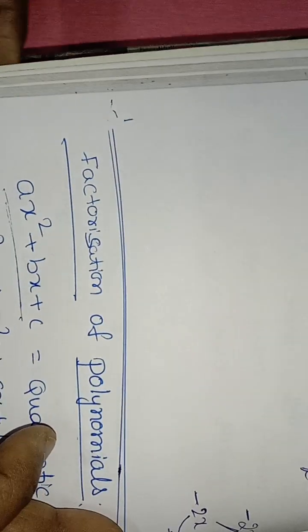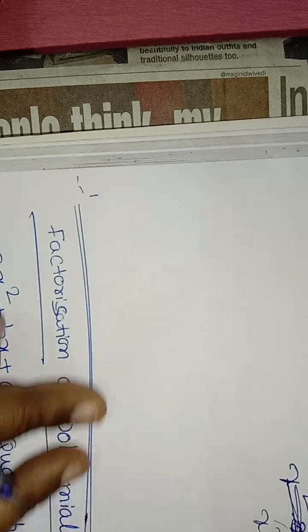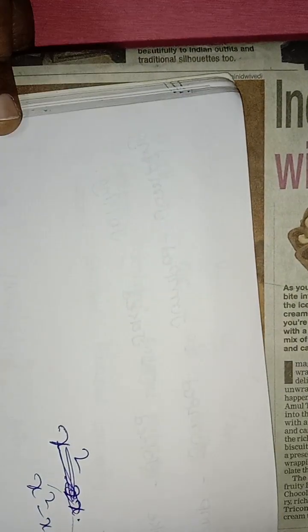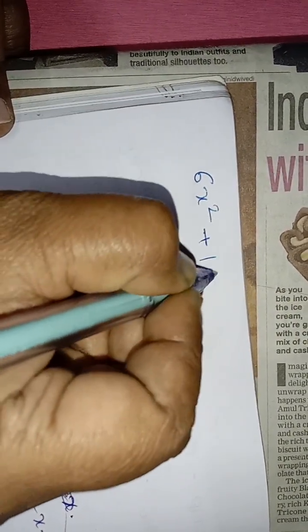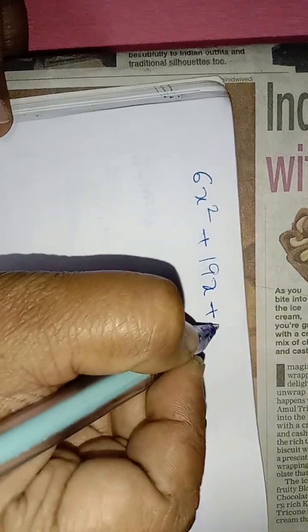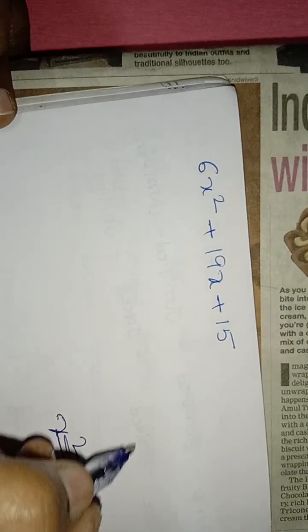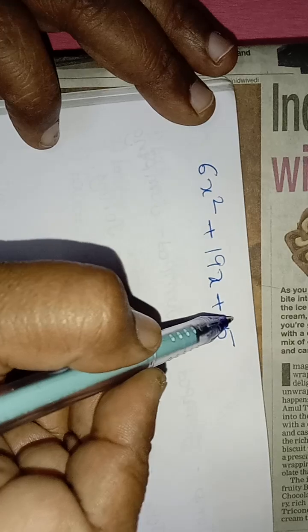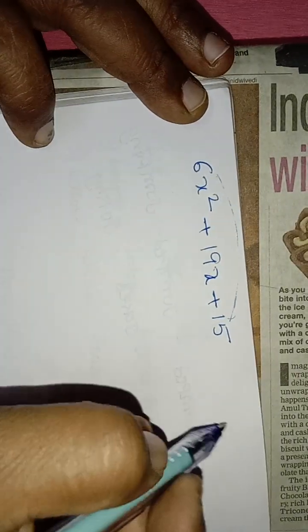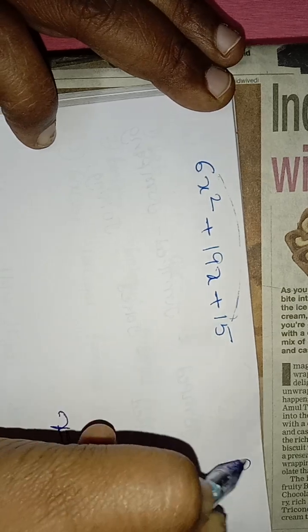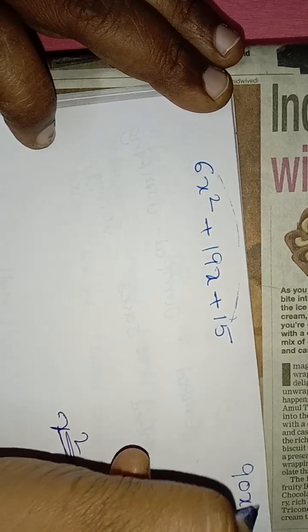One more example related to this: factorize the following, 6x square plus 19x plus 15. First step, multiply these two terms: 15 sixes are 90x square.